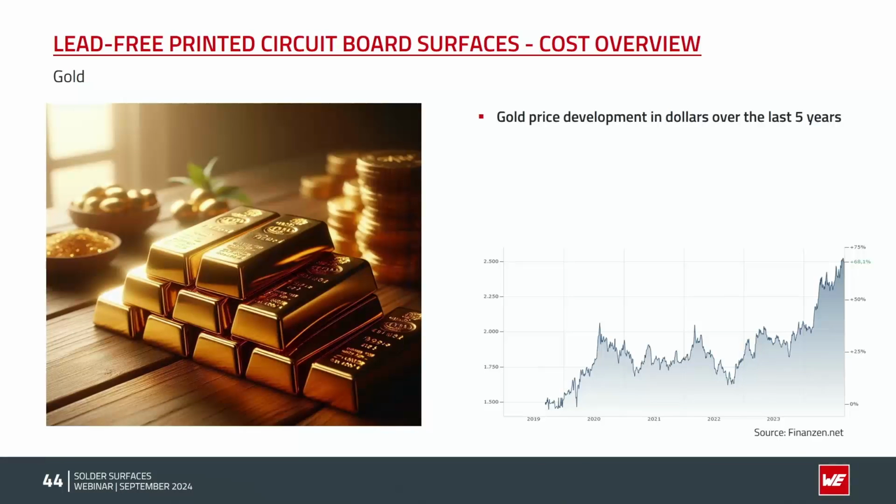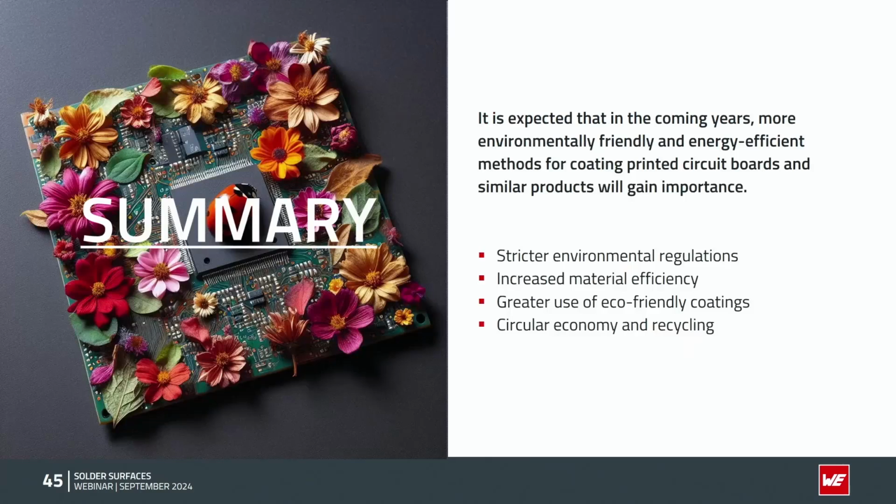This is the price of the gold metal itself and the development over the last 5 years. So this is crazy and makes the PCBs even more expensive if we need gold to prevent oxidation of the copper prior to the soldering process. So definitely we will need some alternatives and new surfaces.